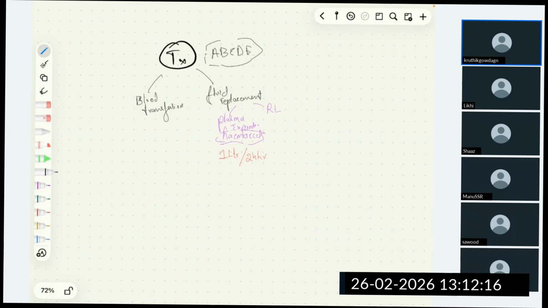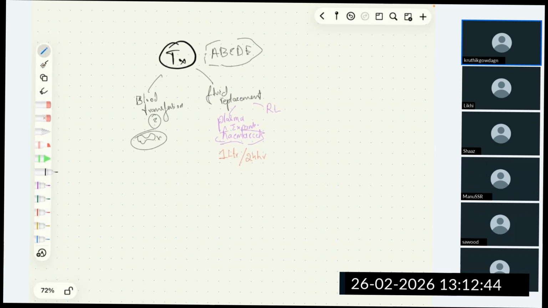Why am I saying that blood transfusion should be done if the cause is blood loss? Because when blood is lost, the RBCs are lost. What is the primary function of RBC? It is to carry oxygen. If we don't have an adequate amount of RBCs inside our body, who will carry oxygen from the lungs to the cells? No one will be there.